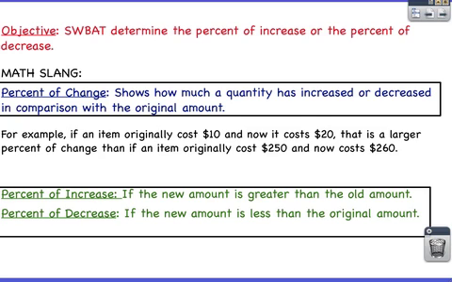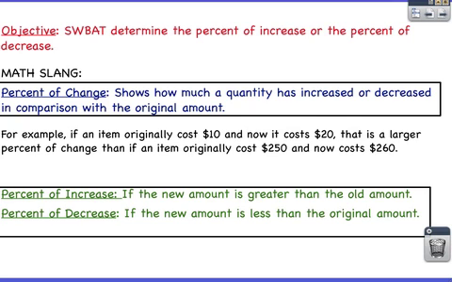A percent of change shows how much a quantity has increased or decreased in comparison with the original amount. For example, if an item originally cost $10 and now it costs $20, that is a larger percent of change than if an item originally cost $250 and now cost $260.